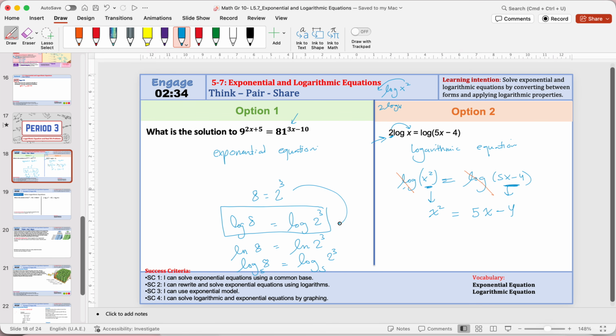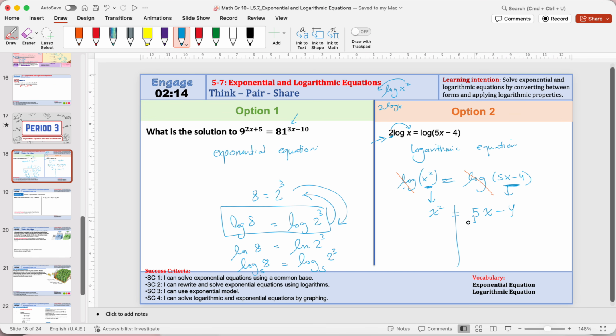Previously we used to put the logs. Now we are taking out the logs. Because as you can see, the x is inside the log. So we need to take out the log, cancel it out, so we can work with variables normally. Anyways, now what can we do?